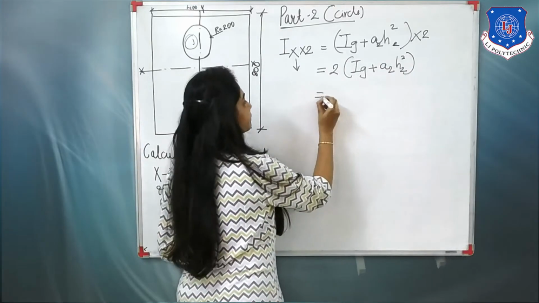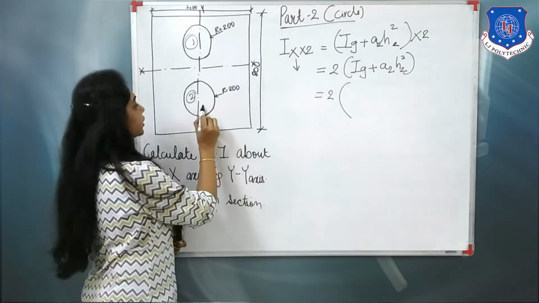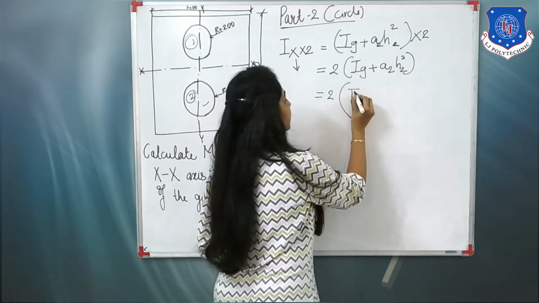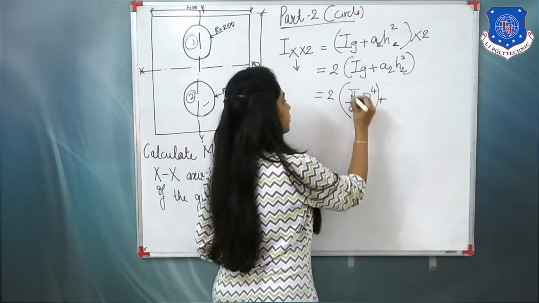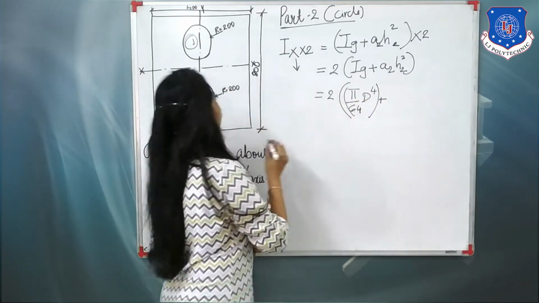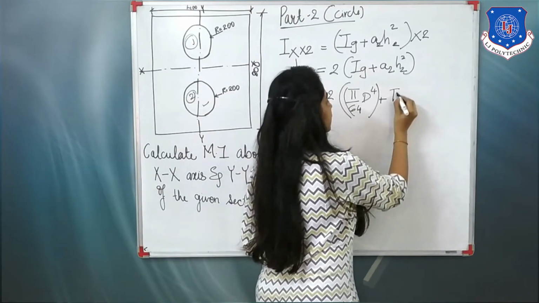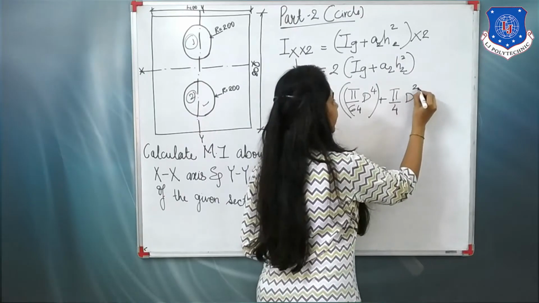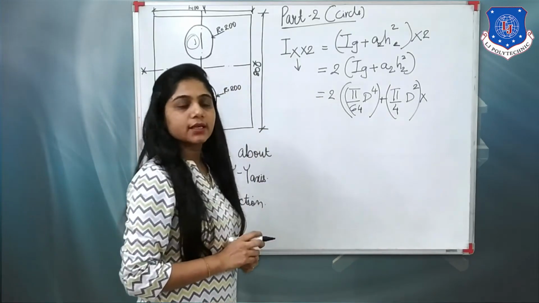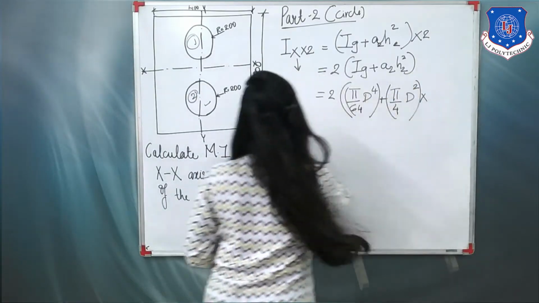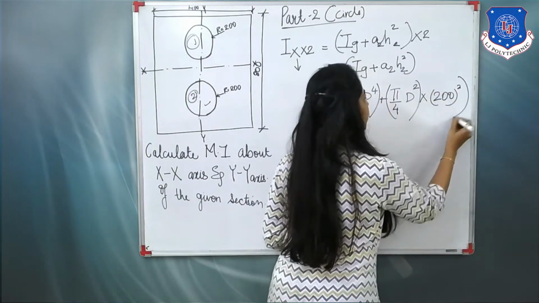Now, substituting the formula, the moment of inertia of a circle is pi by 64 d raised to 4, plus the area of the circle, which is pi by 4 d square, into h square, and h we consider nothing but our diameter. So the diameter over here is 200, h square.